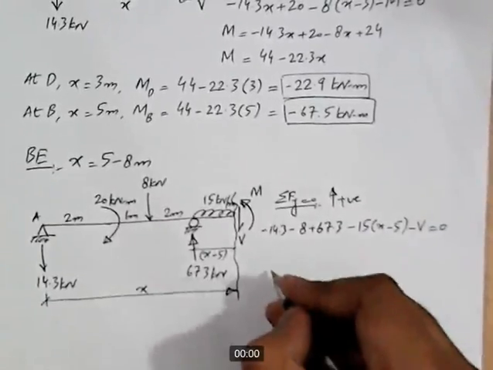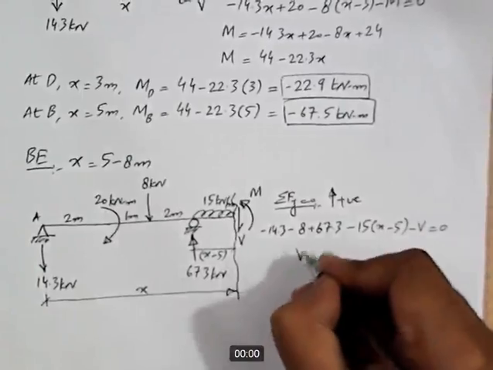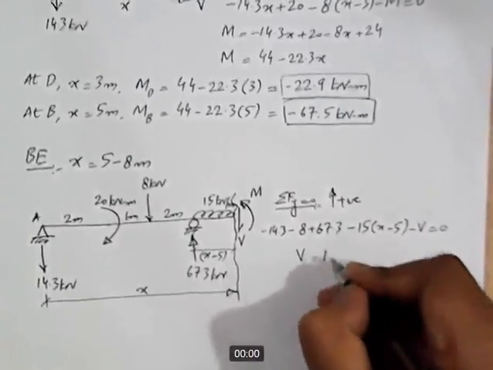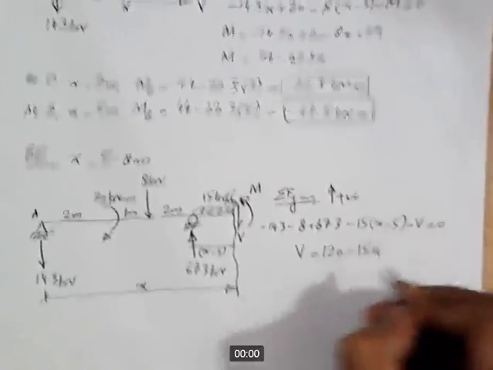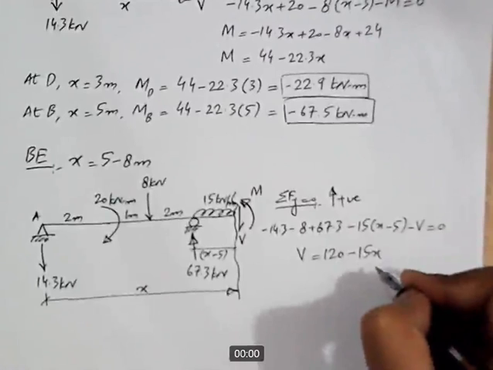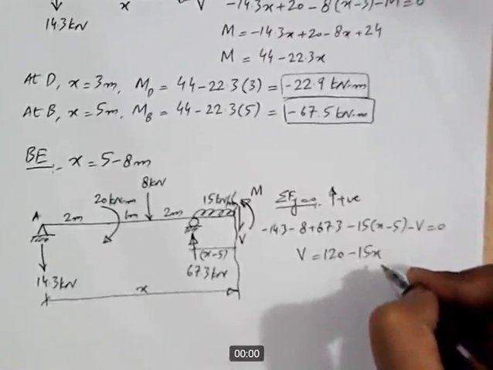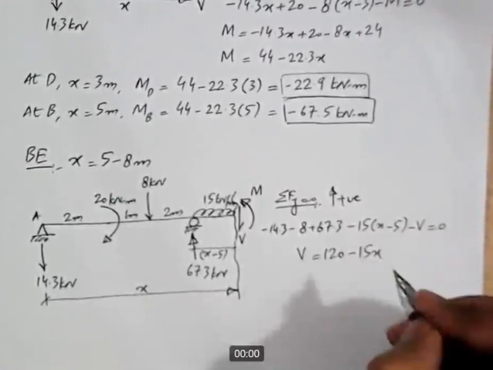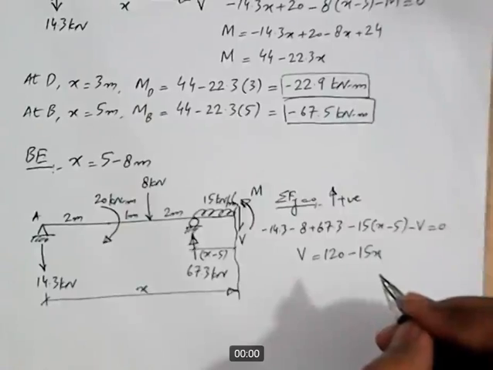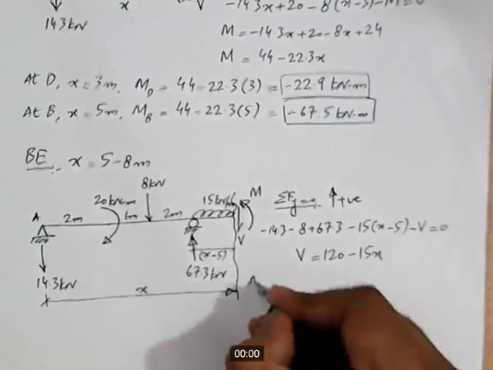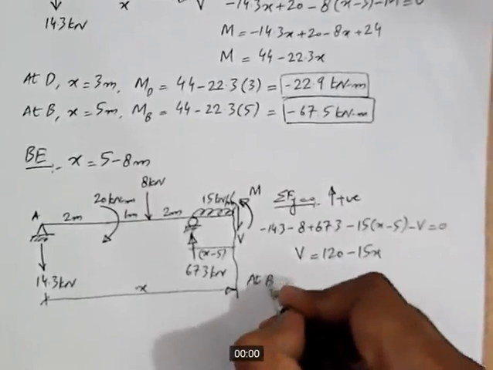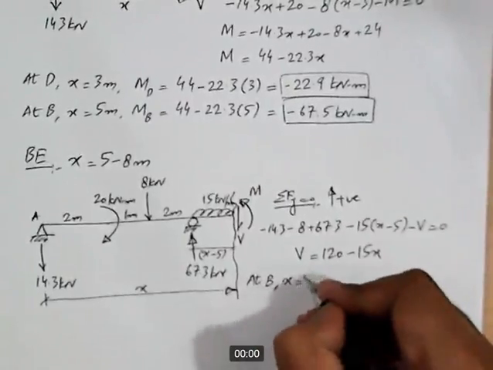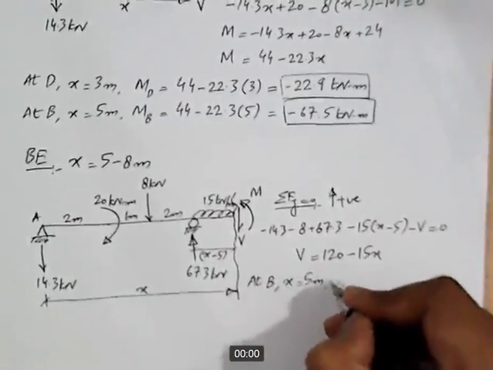This completes the equation for shear. If we rearrange this, we get V is equal to 120 minus 15x. Now in this equation we have variable x. It means shear will vary along the length of the portion. So we'll have to calculate this shear separately for both points. At point B, x is equal to 5 meters.